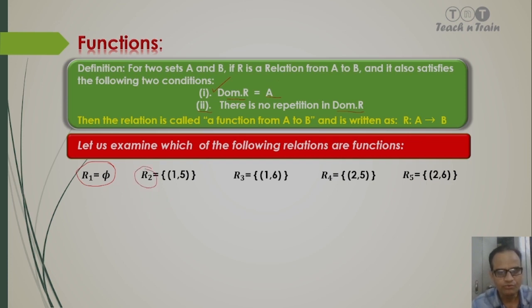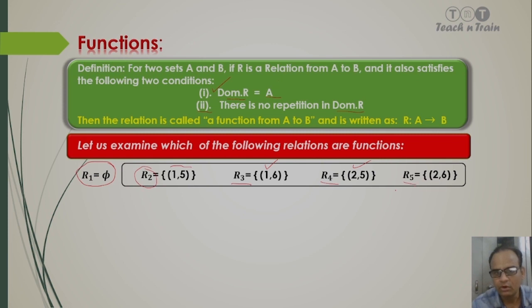Now for R2, we can see that it contains only one ordered pair, 1, 5. And the domain of this relation R2 contains only one element. So the domain is not equal to set A. The first condition fails for R2 and it is not a function. Likewise, the domain of R3 contains only one element, the domain of R4 also contains one element, and the domain of R5 also contains one element.